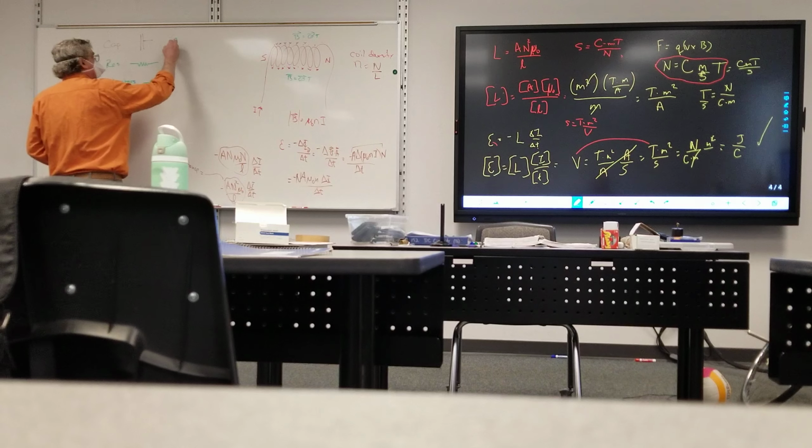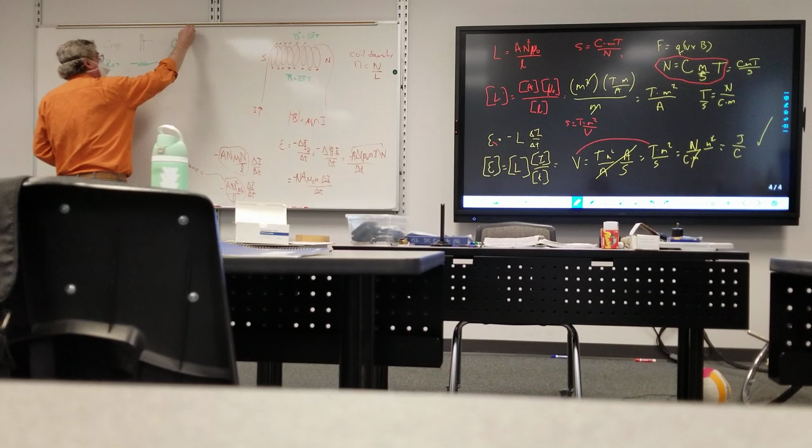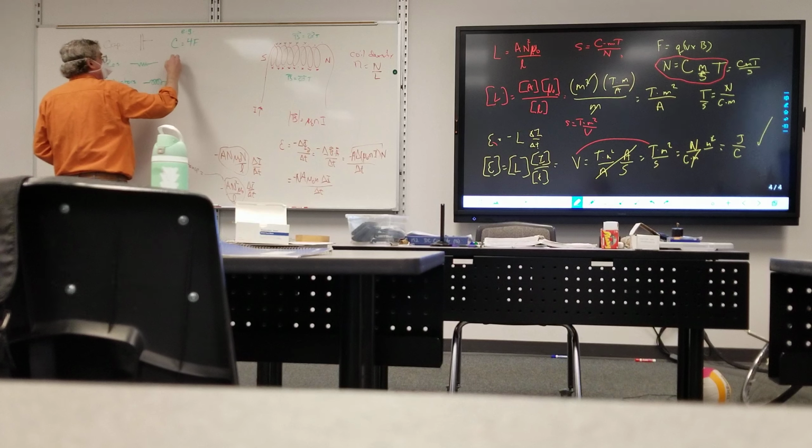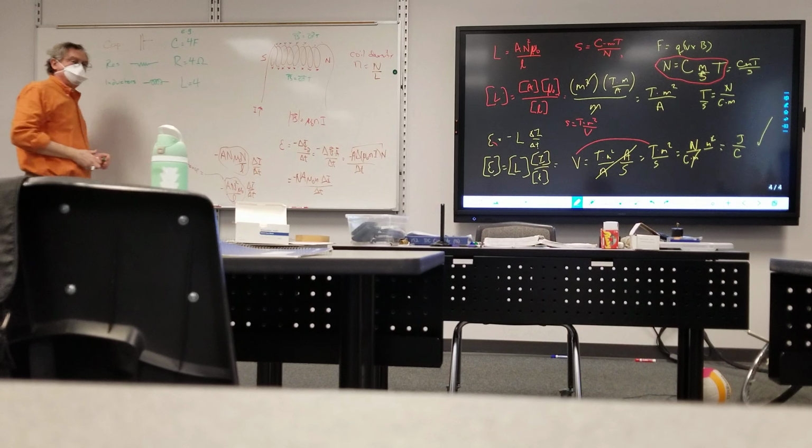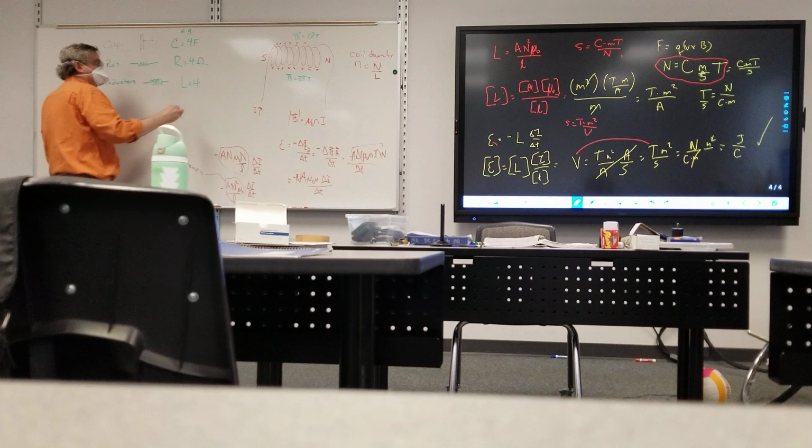So for example, capacitance equals 4 farads, resistance equals 4 ohms, inductance equals 4. We haven't really talked about the units here, but the unit is the Henry.